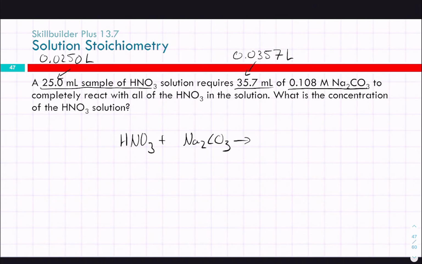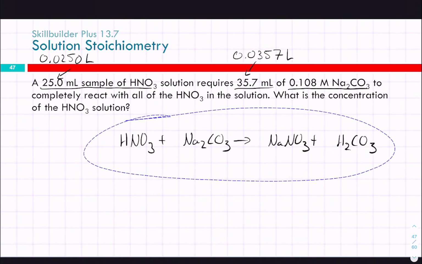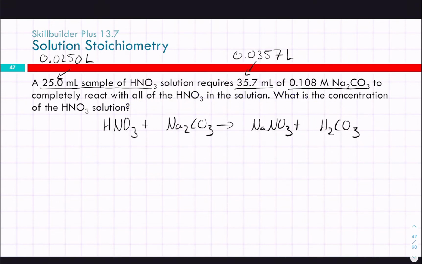So our products here are really going to end up being just a double displacement reaction. So we swap the sodium and the hydrogen to get sodium nitrate plus H2CO3, carbonic acid. It's one of the nomenclature answers from last week. And now we can balance it.